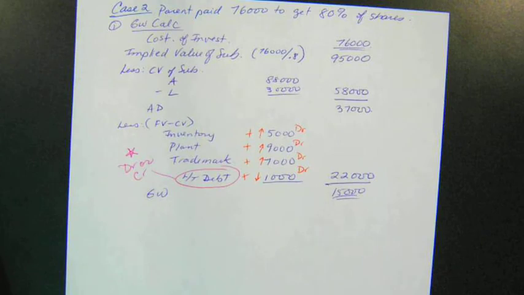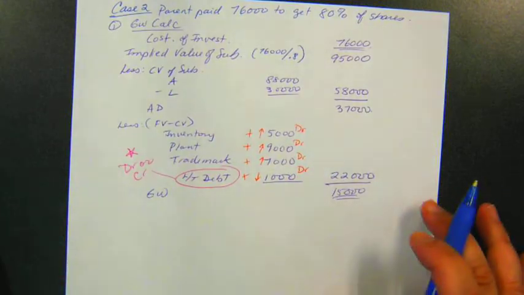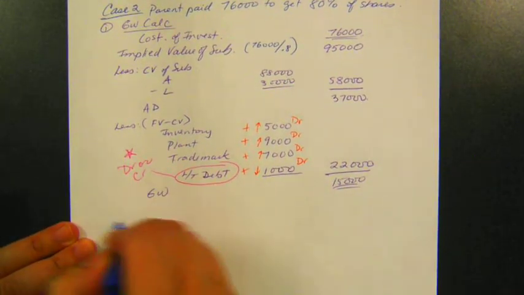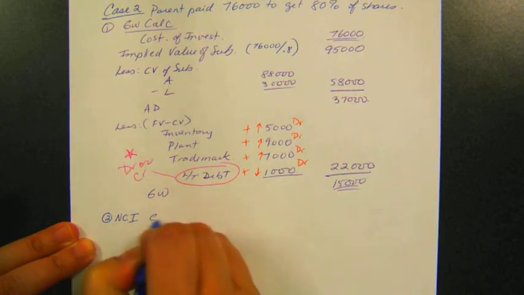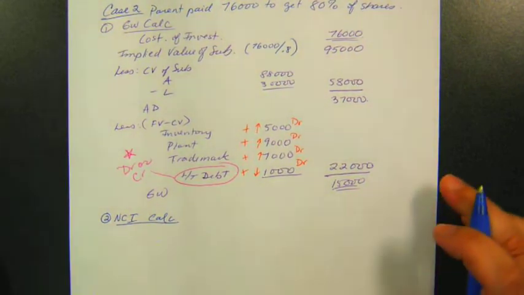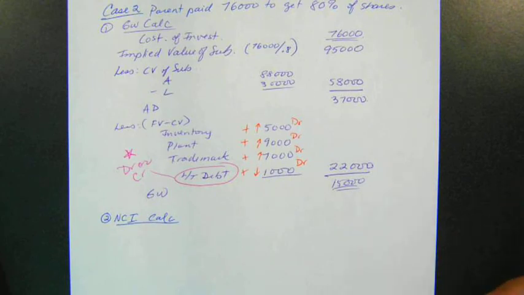Okay, what would be our next calculation before we can do the balance sheet? NCI. And we need it this time because we bought less than 100%. So we will do the NCI calculation. Now, if you know the value of the NCI shares, so it says the NCI shares were trading on that date and continued thereafter, then NCI would be the number of shares times the share price.